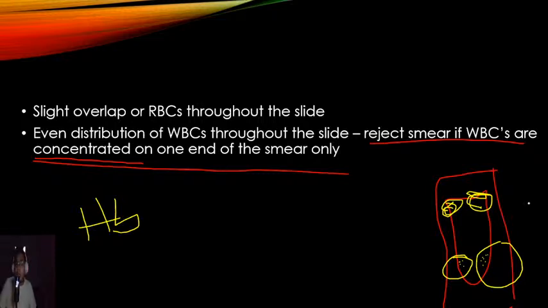So it would look like an ideal smear, but if you use 2 blood drops, and they're in varying sizes, obviously one would have a small amount of cells, and this one would have more cells in there. And when you smear it, there would be cellular distribution disparities on different locations of the smear. So reject it immediately.